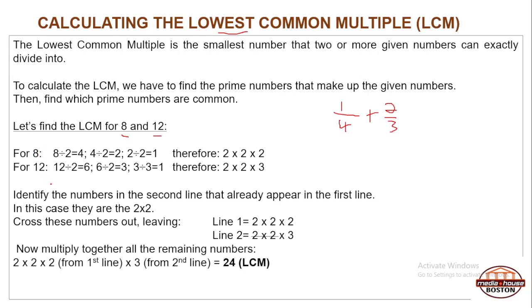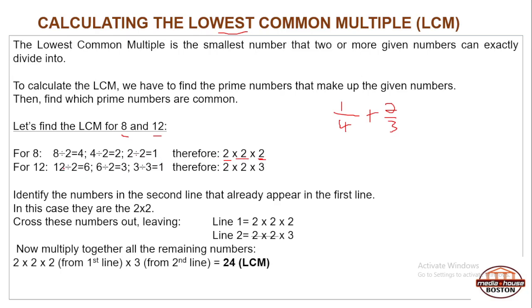So let's use 2 until we reach the last digit, which is 1. We say 8 divided by 2 gives us 4, so that's the first 2 we used. Then 4 divided by 2 gives us 2, so that's the second 2. And then 2 divided by 2 gives us 1. So the factors for this are 2 multiplied by 2 multiplied by 2.